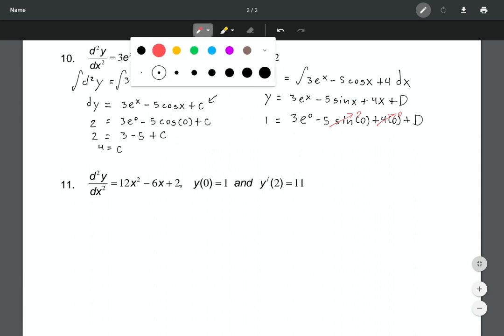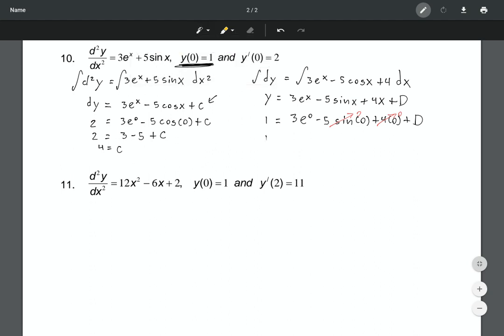And e to the 0 is 1, right? So we have 1 is equal to 3. Oh, I wrote a 5 there, that was my mistake. It shouldn't be there. That's just 3 plus d. There's nothing else. The sine cancels. All right, so now d is going to be equal to negative 2.